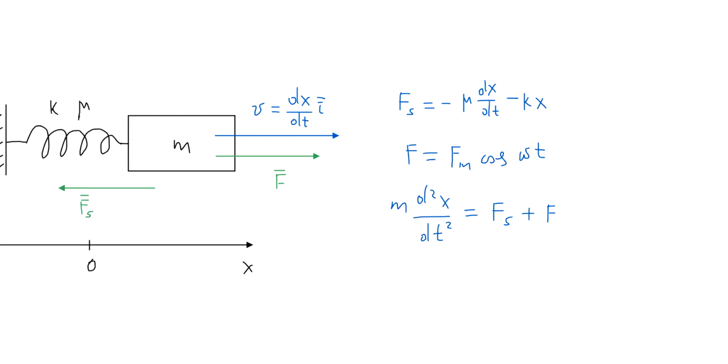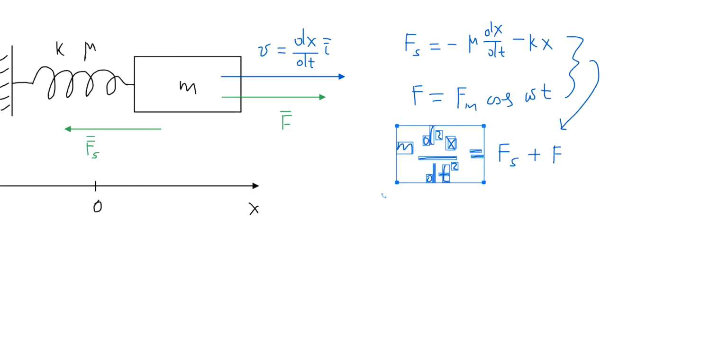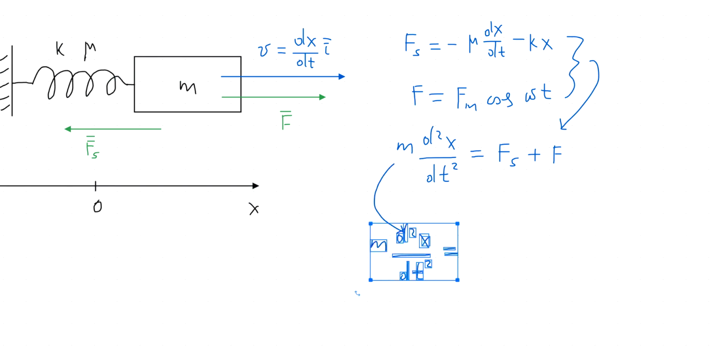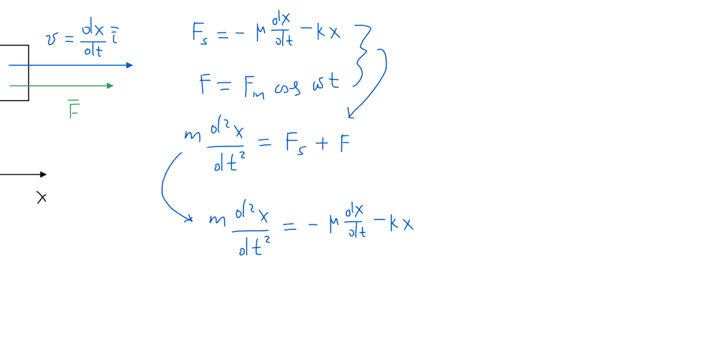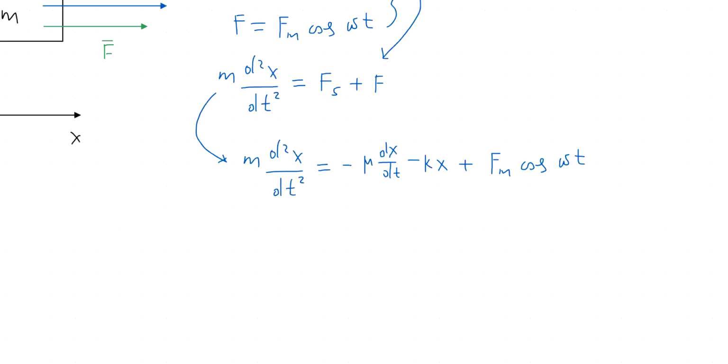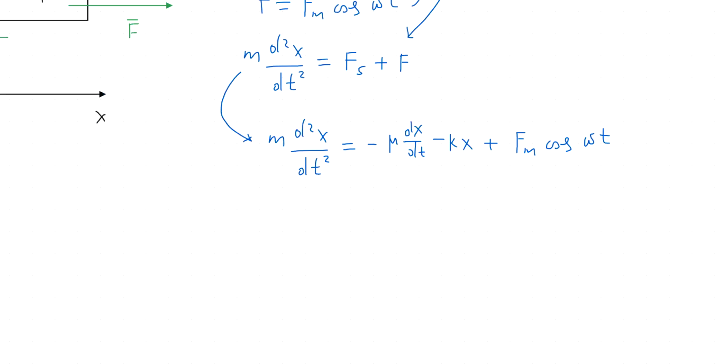Let's substitute them into the dynamics equation, and after this substitution we will get the next equation: m d2x/dt2 equals minus mu dx/dt minus kx plus Fm cosine omega t. Let's make some transformations.